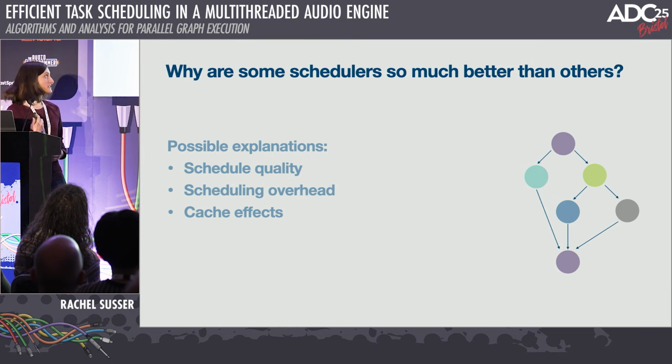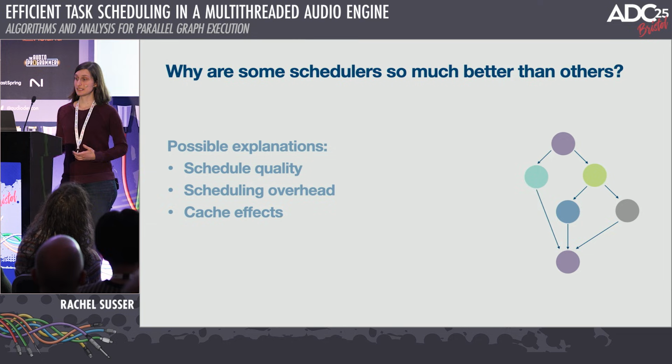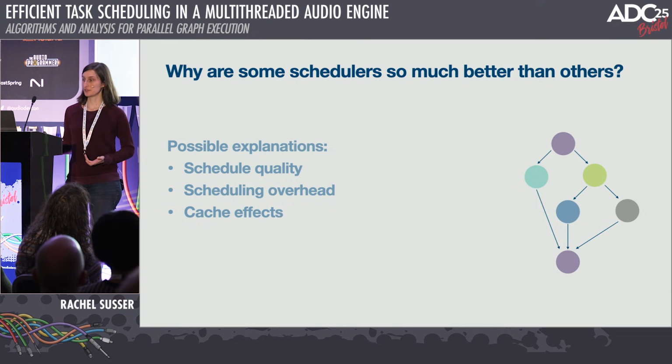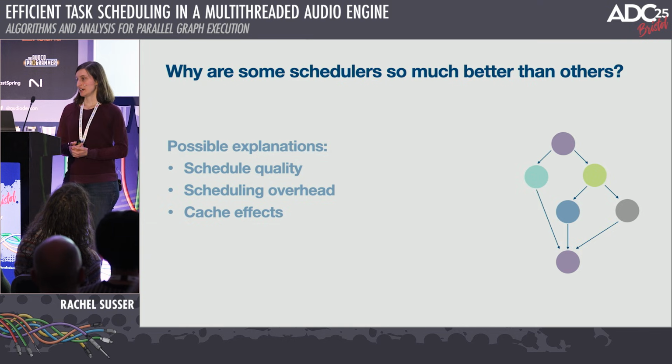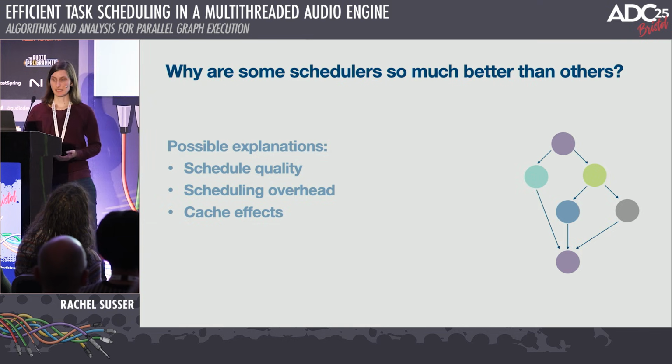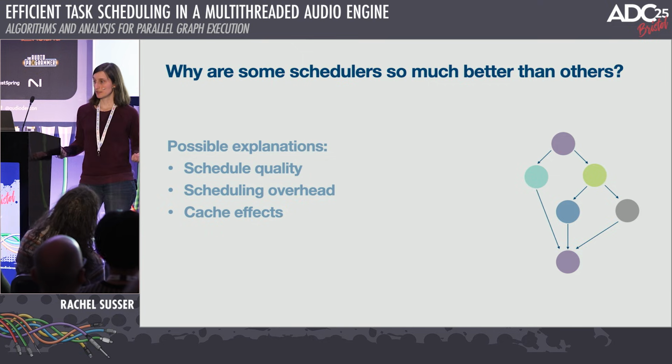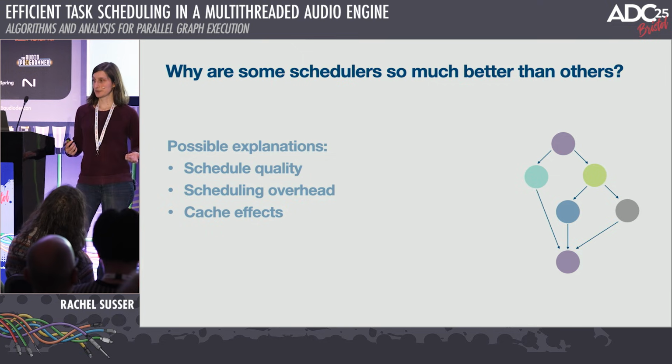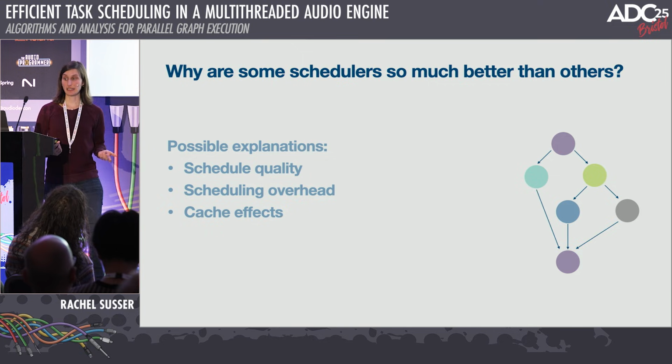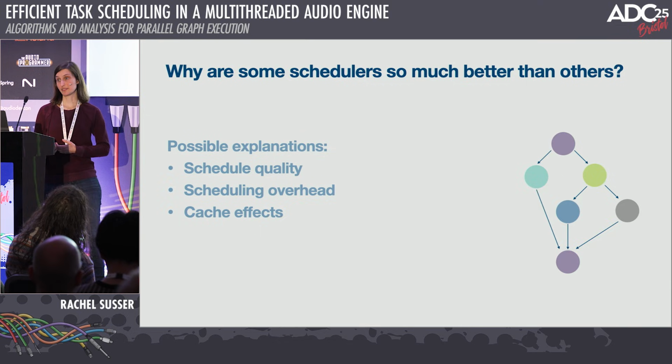So, given these comparisons, it would be interesting to understand what actually contributes to lingering inefficiencies or where a particular scheduler's strengths lie. A scheduler might perform better because it produces a good schedule. So earlier, if you remember, we looked at how ordering the nodes differently on different threads can make one schedule faster than another.